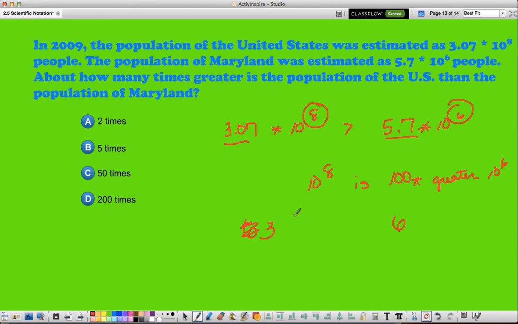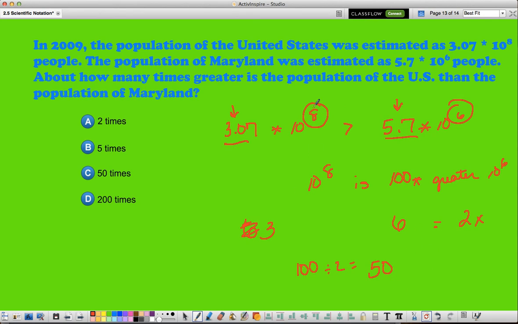So this is about 2 times greater, but this time, since the numbers are being compared downward and our number here is smaller than our number here, you're actually going to divide. So you have your 100 times and you're going to divide it by the fact that this gets smaller by about 2 times, which means that it's only about 50 times greater.